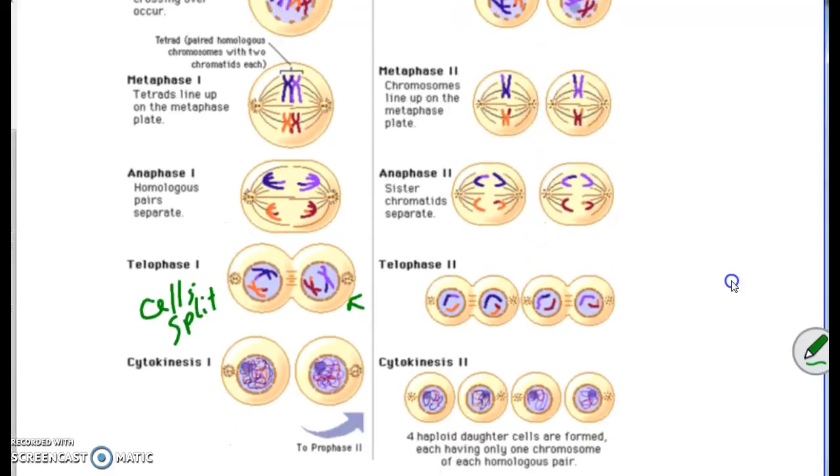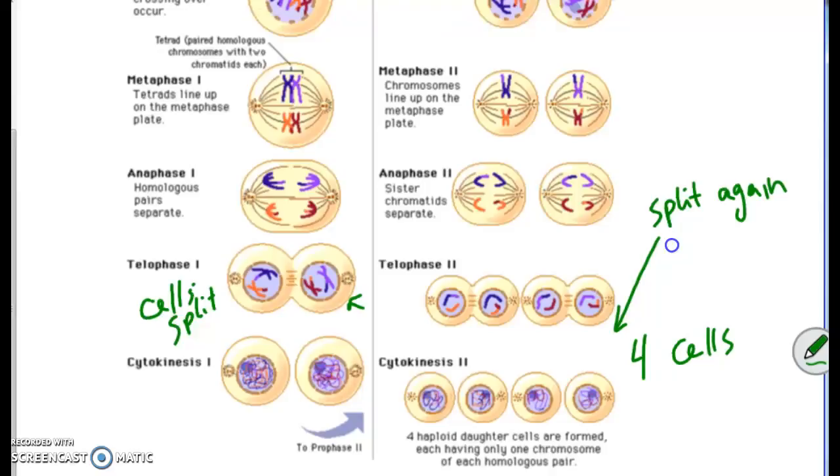Chromosomes are going to line up so that everything's organized, and it's going to split again. So now we have 4 cells, each with one copy of every gene, and those might become sperm or egg cells.